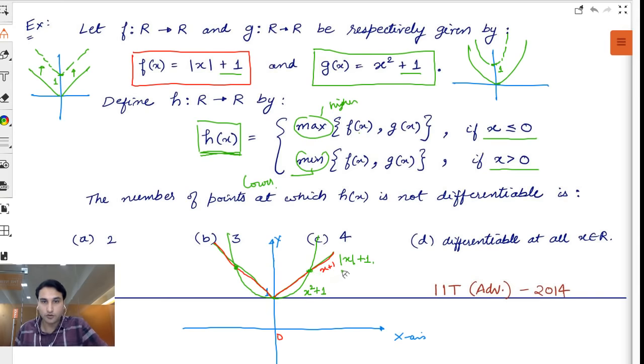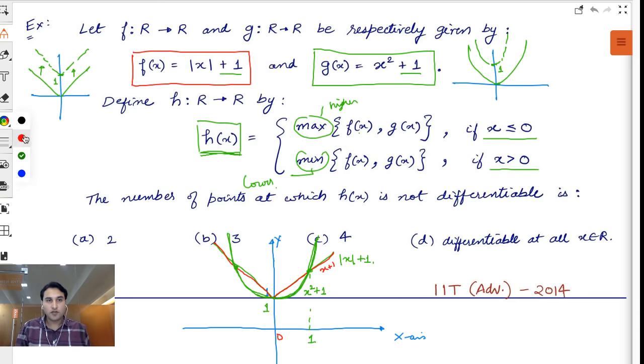I told you between x and x square, which one is higher? Between 0 to 1, your x will be higher and x square will be lower. But this is important to understand. It's the same concept which we learnt earlier, right? So this becomes our graph. So red one is mod x plus 1, green one is x square plus 1.